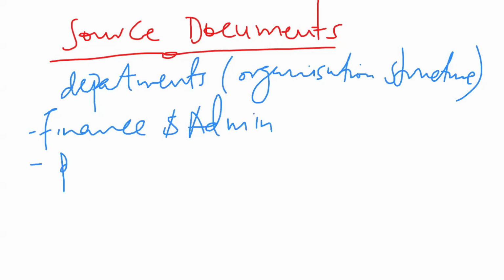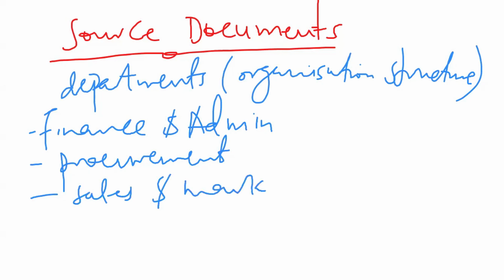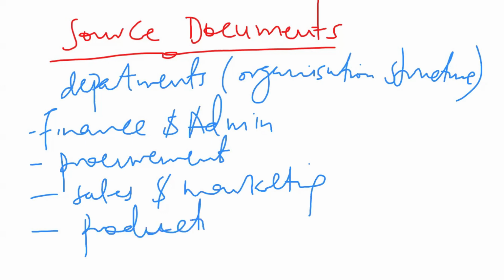We can have procurement department. We have sales and marketing department, although some may split those two, but let's combine them. We have production department, etc.